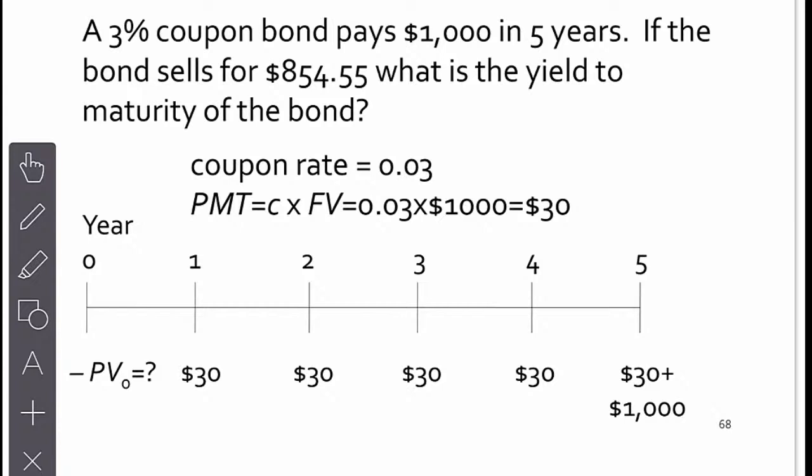The price can change. What if a bond is currently selling for this amount? It has these terms. The terms are 3% coupon with a face value of 1,000, and it matures in 5 years. So those are the features, but it's selling for $854.55. So you'll find listings of yields for bonds selling in the market. So what's the yield?